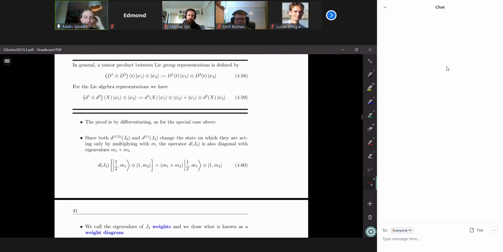Then an important thing to note is that if we start with bases in which the J-free operator is diagonal in both the spin 1/2 space and the spin 1 space, then if we act with this direct product representation, since we always get a constant times what we had before back, we should have that on the direct product space as well.